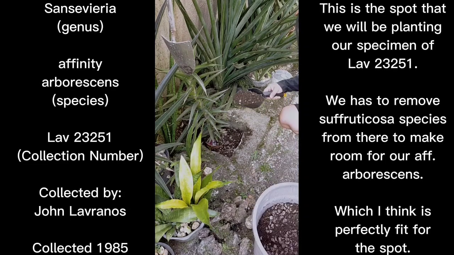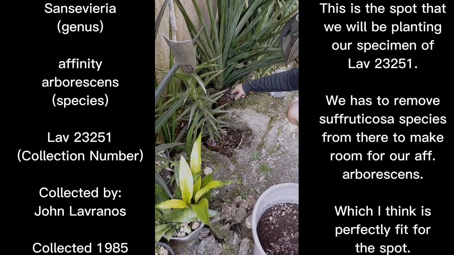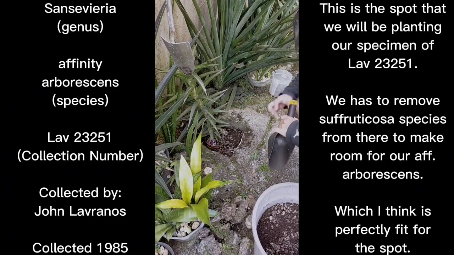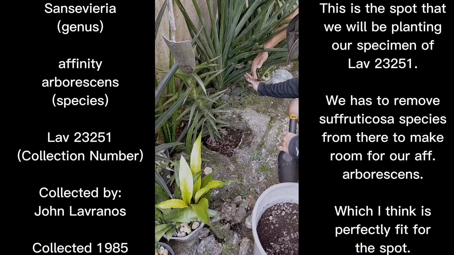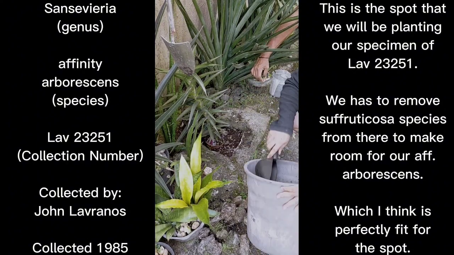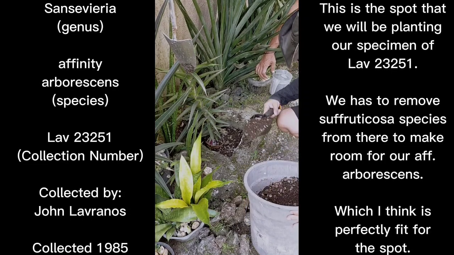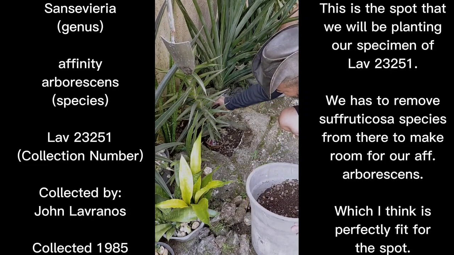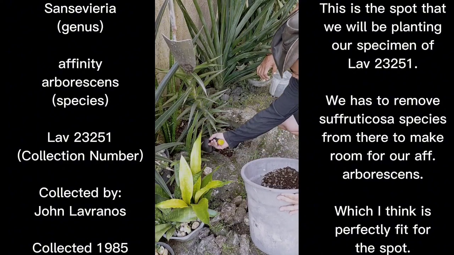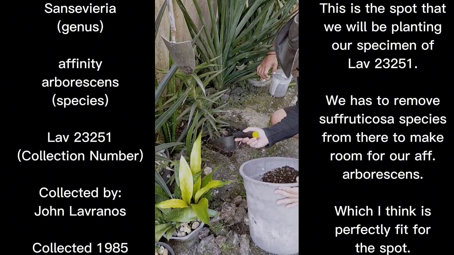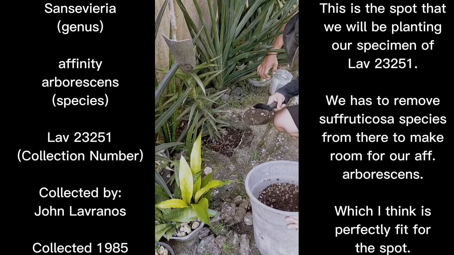So I'm doing some finishing touches here, filling out the area where we planted the Sansevieria Lavranos 23251. Actually, it's just Lav 23251.